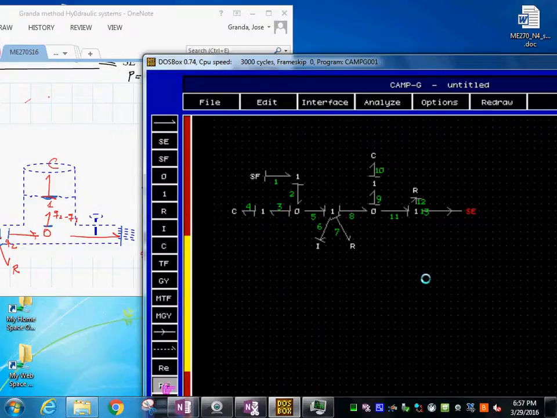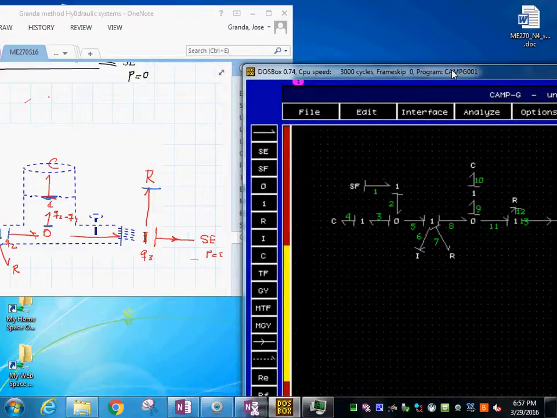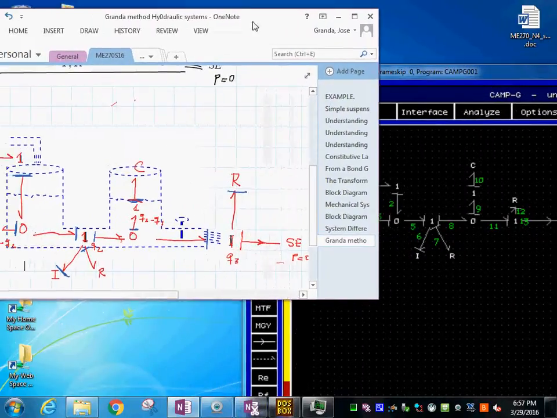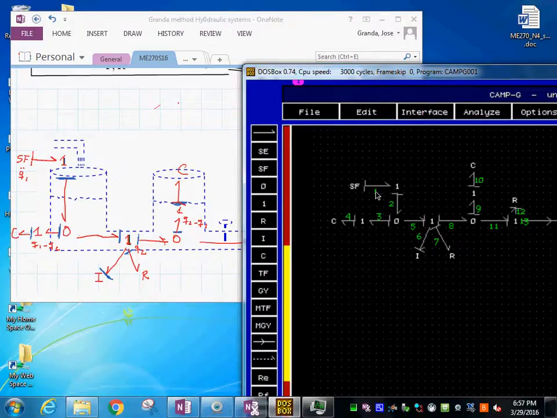And my objective here was to show you that the causal assignment that we did by hand has to be the same as you see there. This one is like this, they are all like that. See, there's perfectly a one-to-one correspondence with the bond graph model and the one that we did by hand in here.